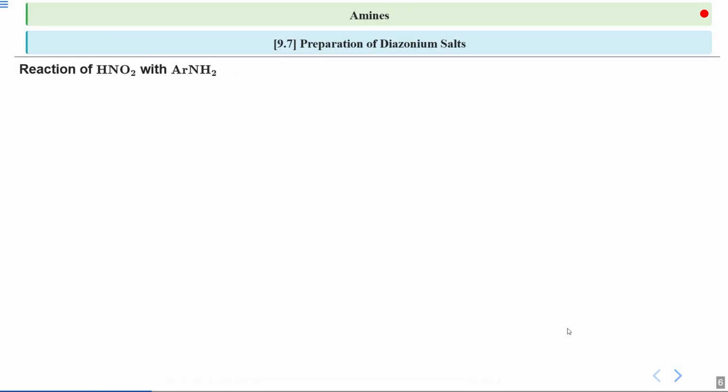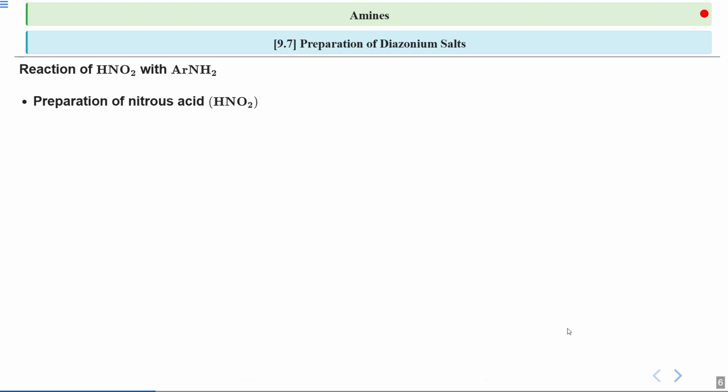Now we are going to focus on the reaction between nitrous acid and aromatic amines. So we will see how nitrous acid is prepared and how it reacts with aromatic amines to form diazonium salts. So first let us see the preparation of nitrous acid.